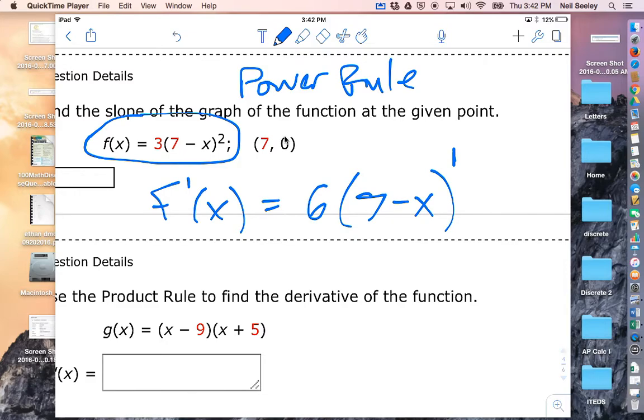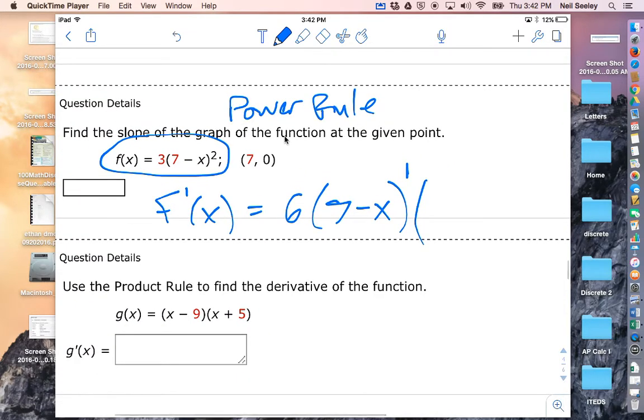And then I've been mentioning in passing that you then take the derivative of the inside right there, and the derivative of that 7 minus x, did you know is negative 1? Because that negative x, the derivative is negative 1. It's the first time the derivative of the inside was something other than 1, which I think is kind of interesting. Okay, so that does make a difference in this case, because that negative 1 really changes things.